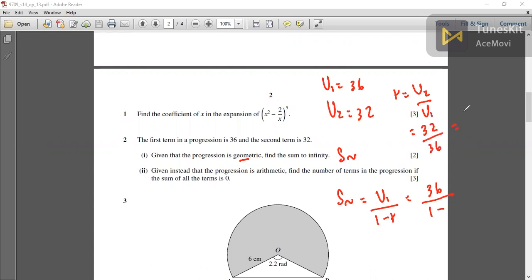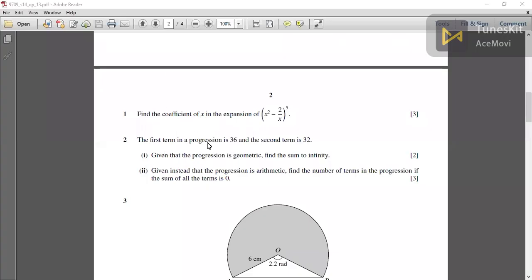If we simplify it, I think we better not simplify it. 1 minus 32 over 36 gives 4 over 36, so we get 36 over 4 over 36, which is 9 times 36. It will be 324. Okay, that is for the first one.